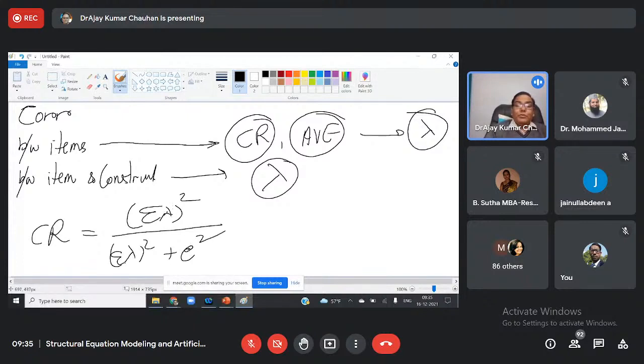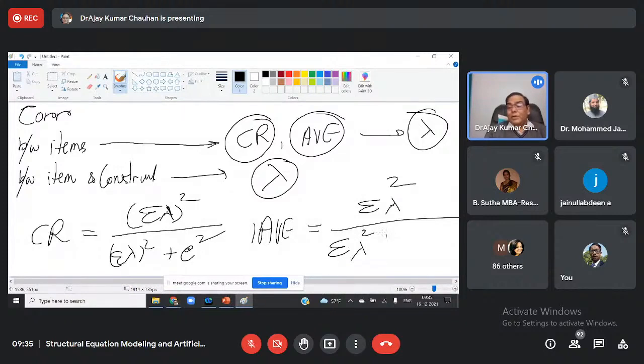So CR also depends upon lambda. Similarly, AVE is sigma lambda square divided by sigma lambda square plus sigma E square. So AVE also depends upon lambda. The problem is that the whole convergent validity depends upon lambda.